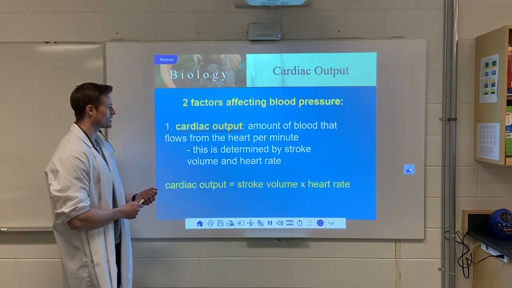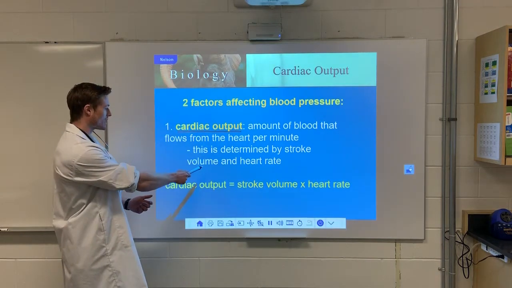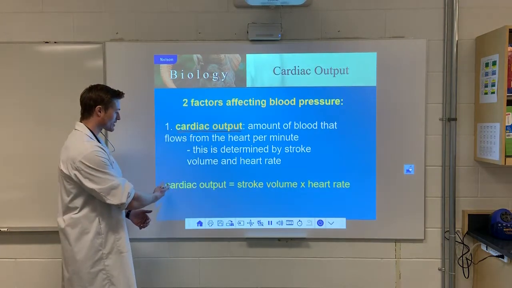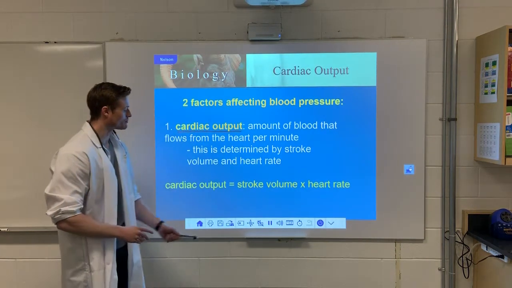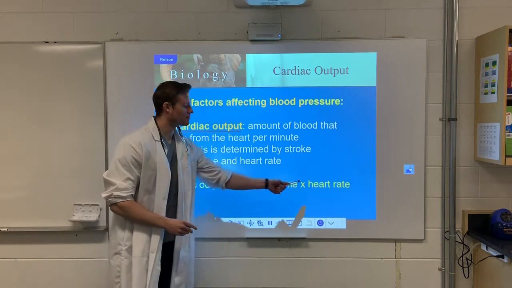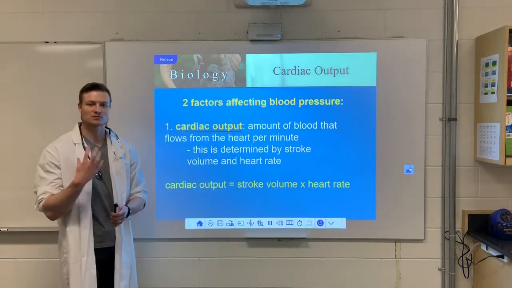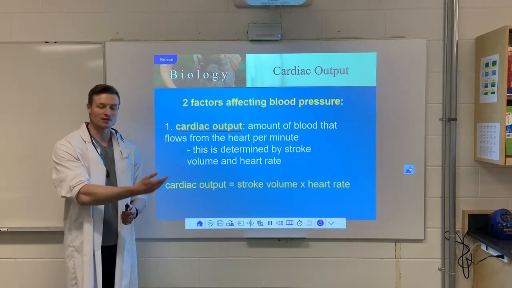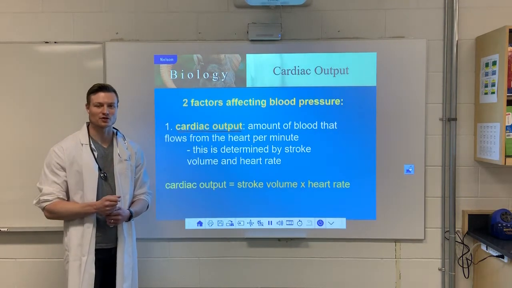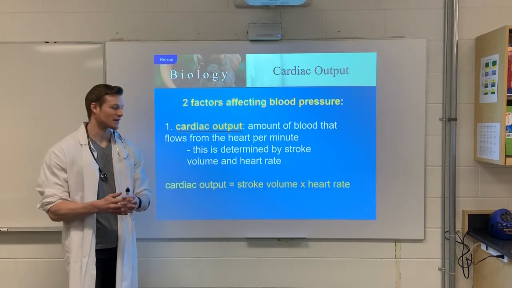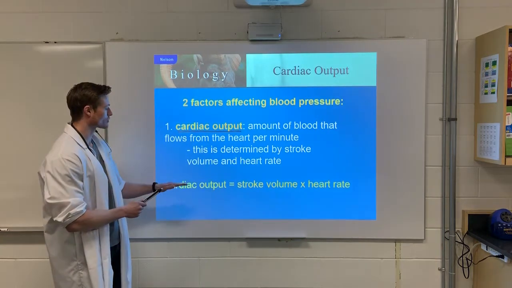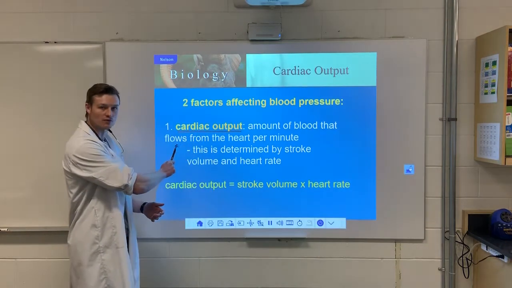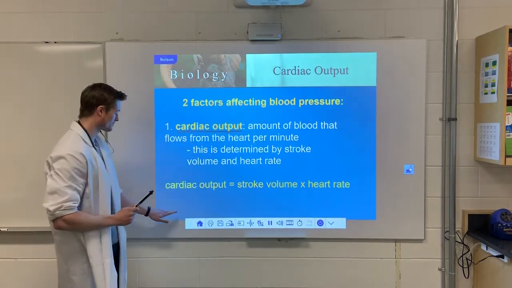It is determined by stroke volume and heart rate. To calculate the cardiac output, you multiply the stroke volume by the heart rate. Essentially, how much blood is being pumped out of the heart and how many times the heart is beating per minute. You multiply those two factors together and you get your total cardiac output, which once again is the total amount of blood flowing from the heart per minute.